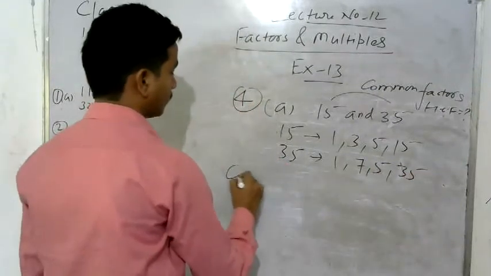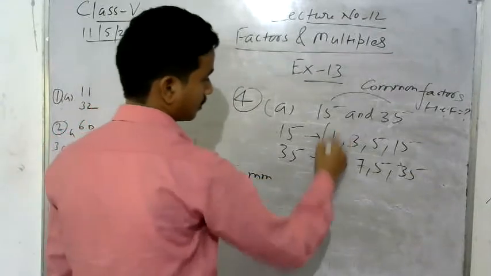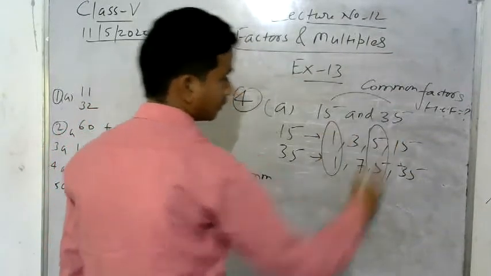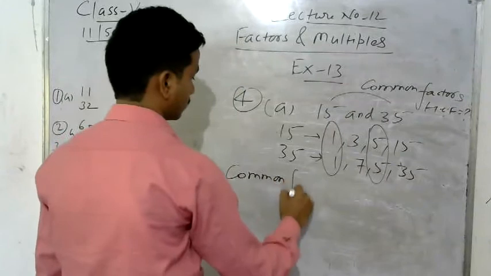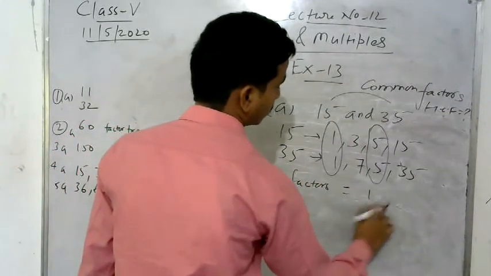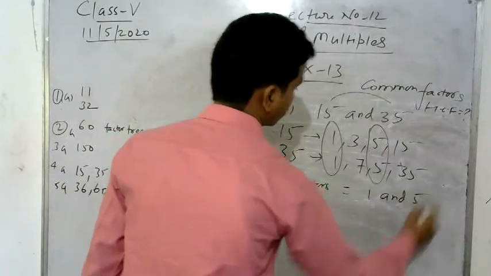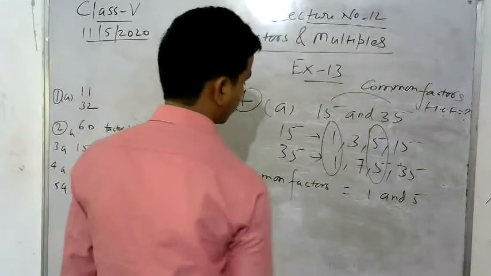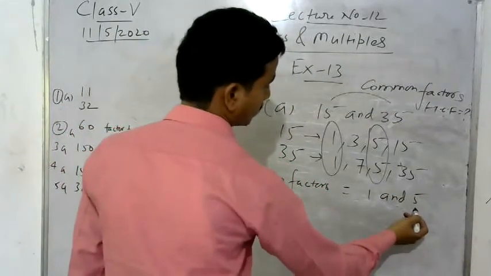So what are all the common factors? The common factors are 1 and 5.